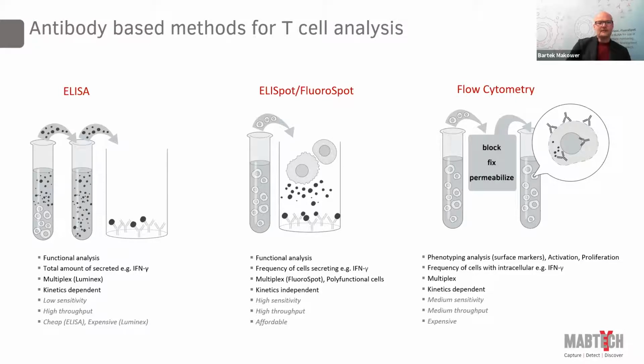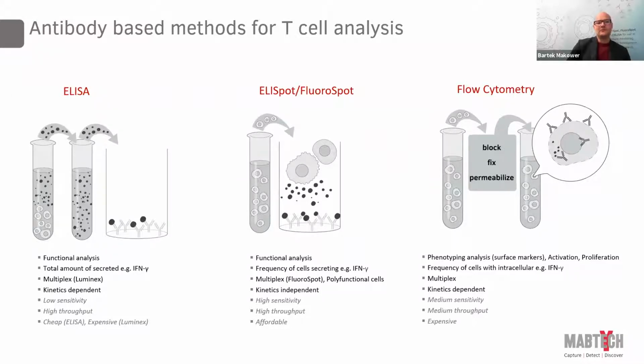It's a functional analysis. And there are certain ELISA-like applications which can be multiplexed, such as Luminex, but the basic ELISA is not multiplexed. It's kinetics dependent, meaning that T cells releasing cytokines, those cytokines can be used by other cells, eaten up or degraded.